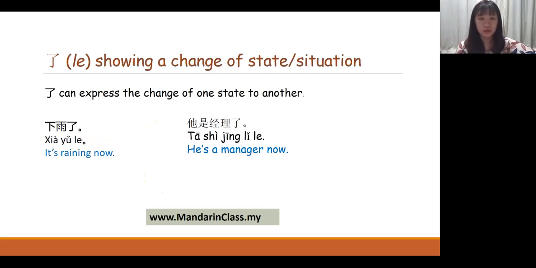Next slide. This one expresses a change of state or situation, more like present tense. Let's say 下雨了. 下雨 is raining. It's raining now.